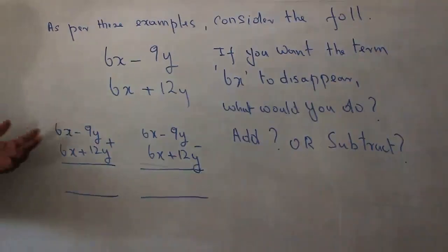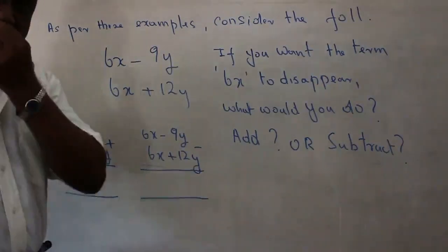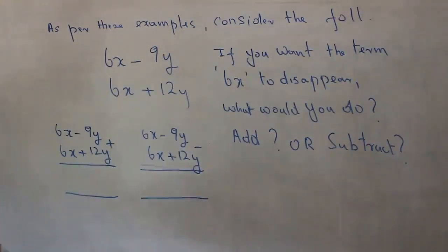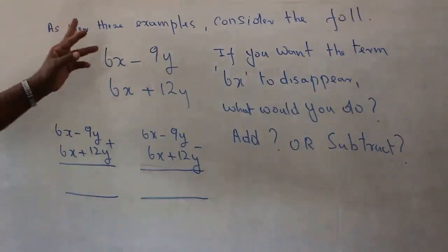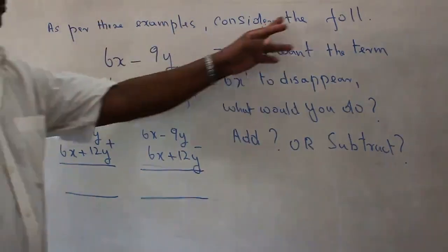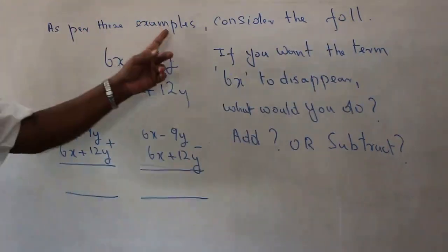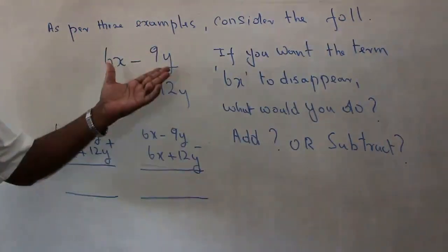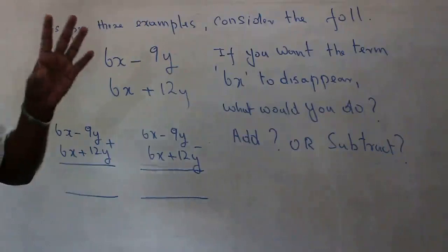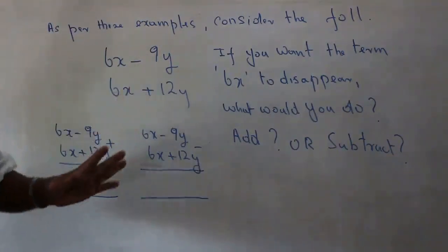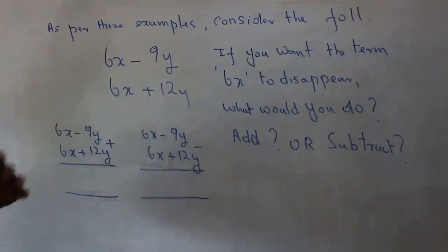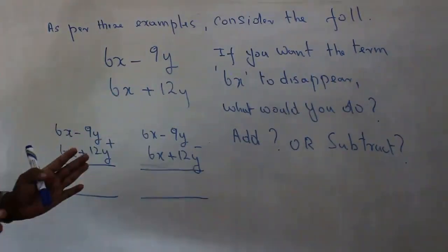Okay. Back to our simultaneous equations. In this case, I have written, as per these examples, consider the following. What are these examples? The ones we did earlier, where one letter disappears. You observe that if the coefficient is equal, then we can make that disappear either by addition or subtraction.